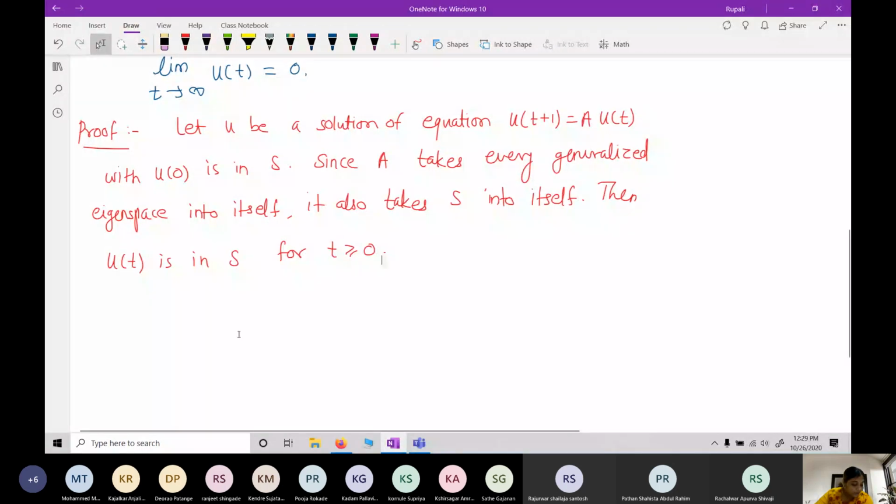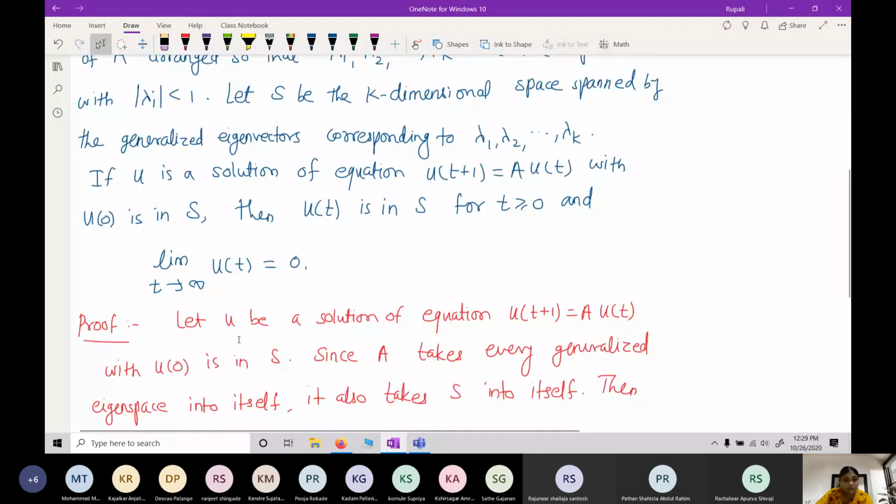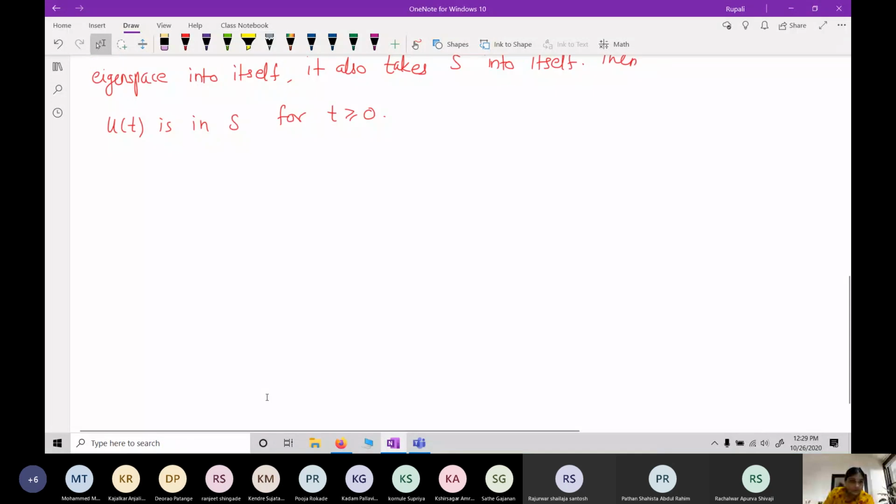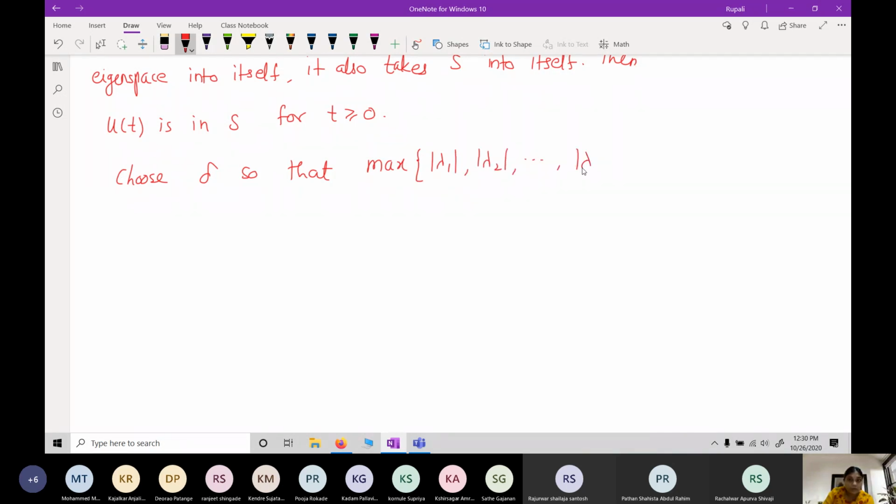Now we want to show that the limit as t tends to infinity of u of t is equal to 0. So how can we show this? Choose delta so that the maximum of modulus of lambda 1, modulus of lambda 2, up to modulus of lambda k is less than delta, which is strictly less than 1.